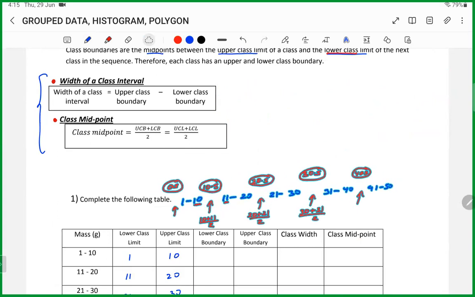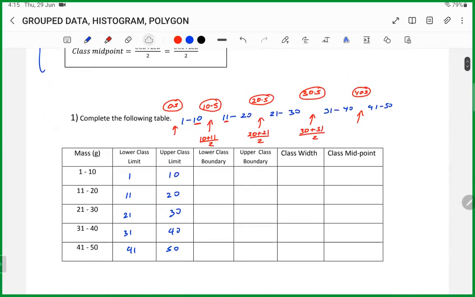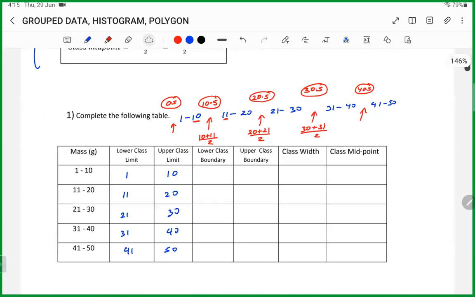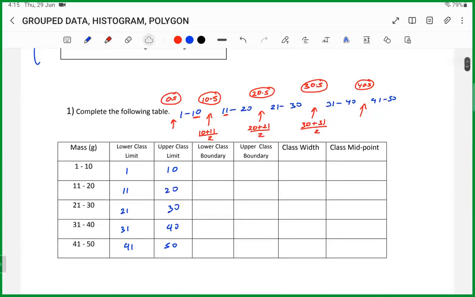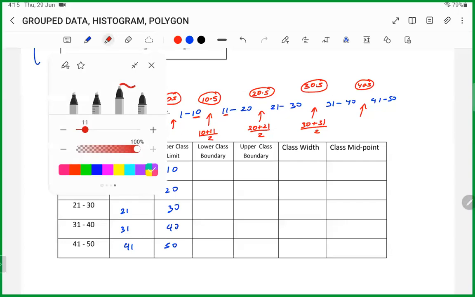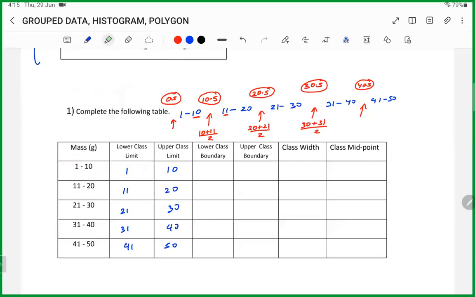Okay, so I was showing you some working for the boundaries. So let's look at the boundaries. I did the working for the boundaries already in red. So if we look at this first class, the lower class boundary is 0.5. The upper class boundary is 10.5.